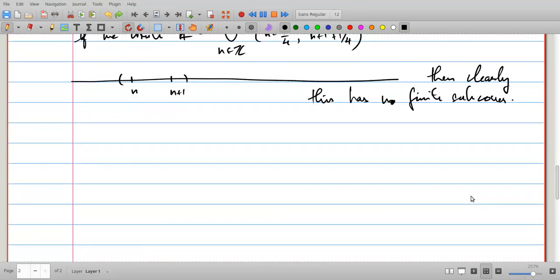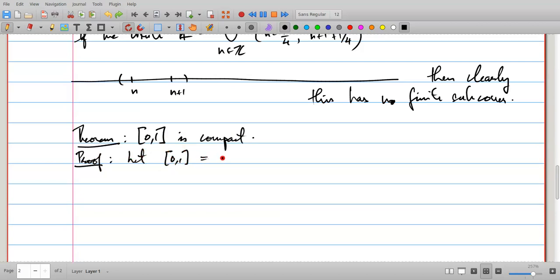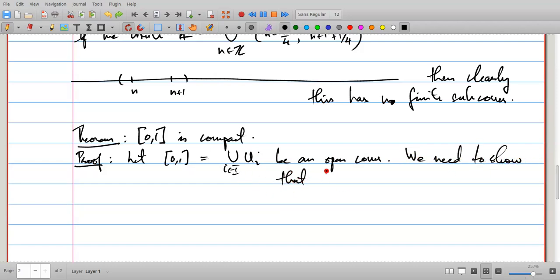So the first theorem we are going to prove is that the closed interval [0, 1] is compact. Proof. So suppose we have an open cover of [0, 1]. We need to show that this has a finite subcover.